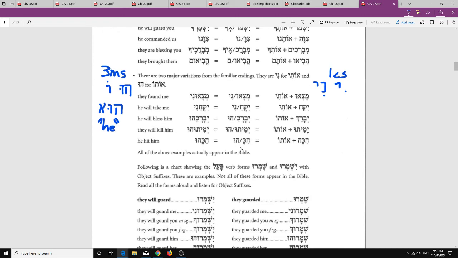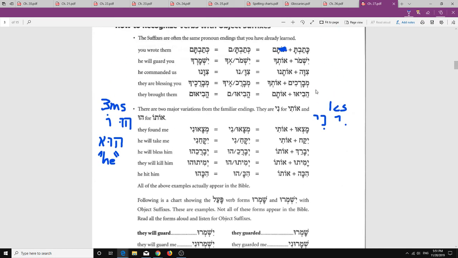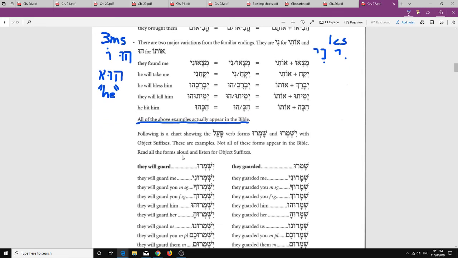And I will encourage you to read over this a few times, especially this last column, to gain familiarity with these pronominal suffixes on the end of verbs. What's also neat is all of these examples in this third column do appear in the Bible. So you're already one step closer to your translation. So that's fun.